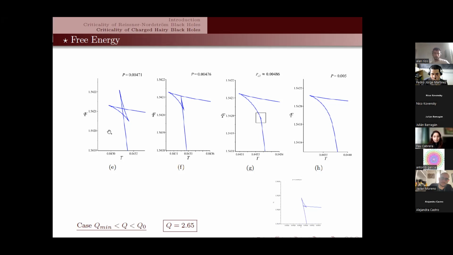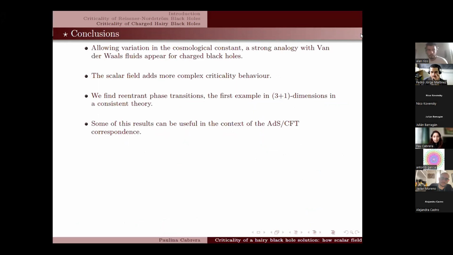So in conclusion, allowing variation of the cosmological constant, a strong analogy with the van der Waals fluid appears for charged black holes. In our work, the scalar field adds more complex criticality behavior, and we find a reentrant phase transition, the first example in 3+1 dimensions in a consistent theory.